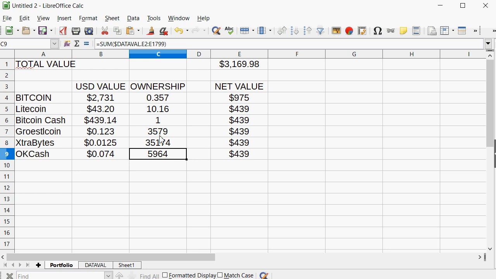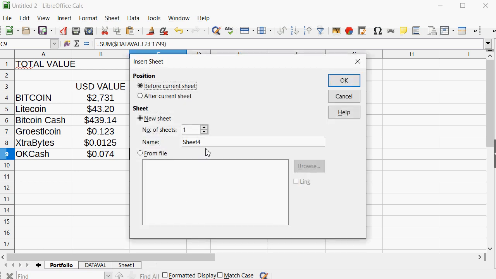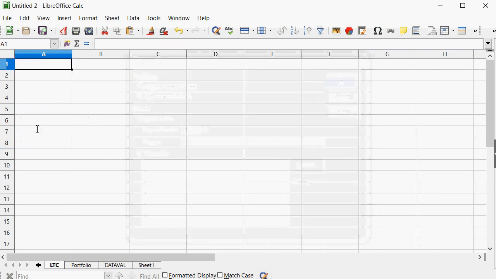Okay, so now we've got to decide, we're going to be trading coins. So let's do a Litecoin cross trade. We're going to go LTC. And what we're going to have is all the trades that we have.